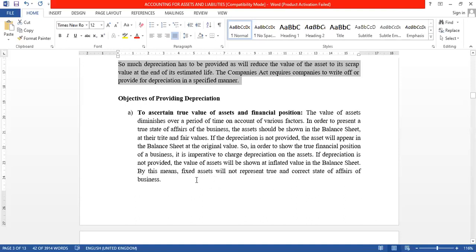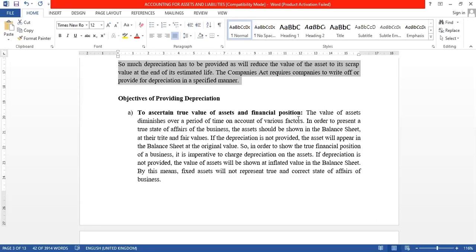So what are the objectives of providing for depreciation? Why do we provide for depreciation? One is to ascertain the true value of an asset and the financial position. Because if you have a Land Cruiser that you bought at 6 million in 2015, if we ask you how much you are worth today, would you still tell us 6 million, just because that is the price that you paid for it those days?